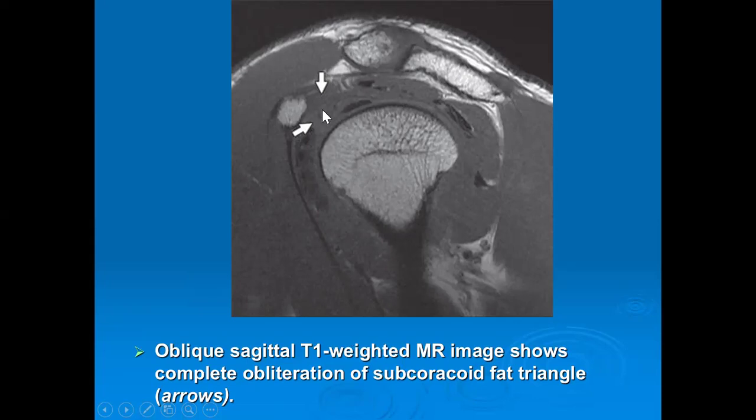Nothing other than fat can look brighter. But there is no such brightness in this area, which is the anatomical site for the subcoracoid triangle, which means there is complete obliteration. Obliteration means complete disappearance, with no name or trace of it left, that is known as obliteration.